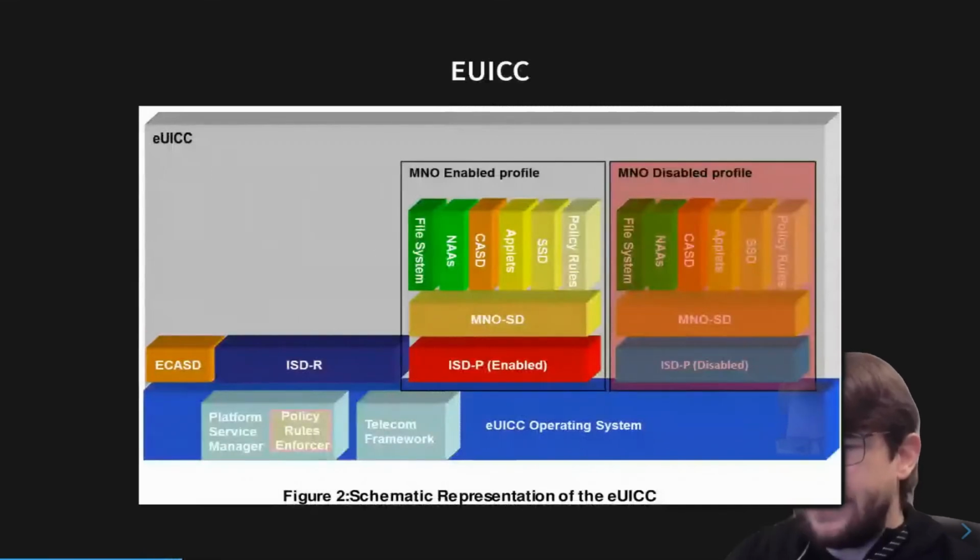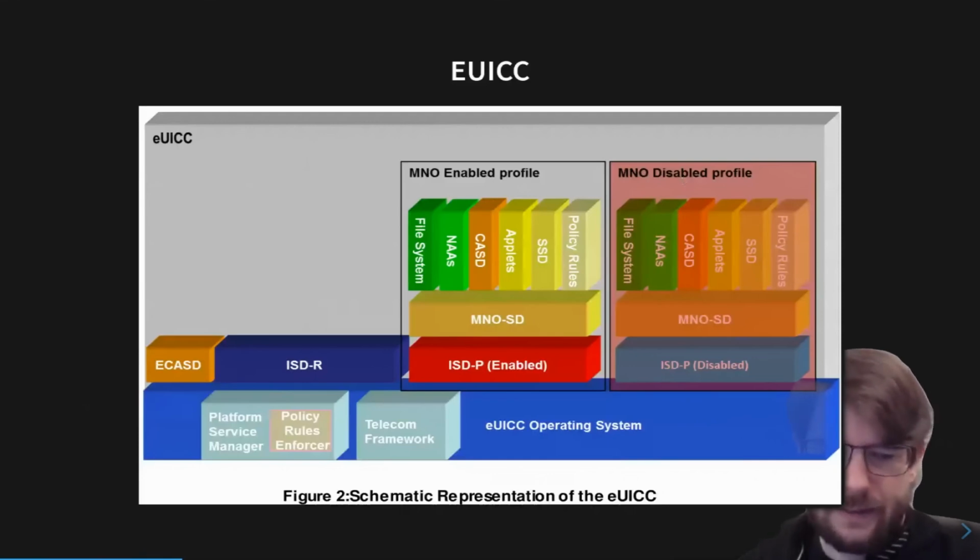On such an eUICC, we have various different things, most notably the eUICC operating system, and on top so-called profiles. Here in this example, we have one enabled profile of one mobile network operator, and we have another profile that's disabled. In the classic version 2.x eSIM universe, there can only be one enabled profile.